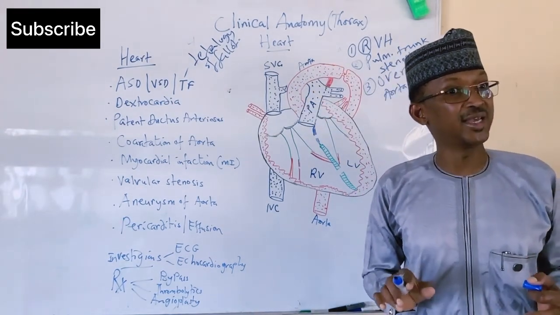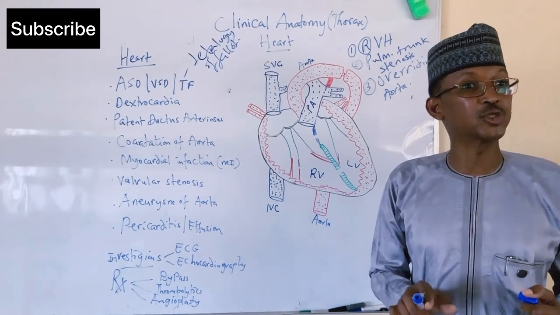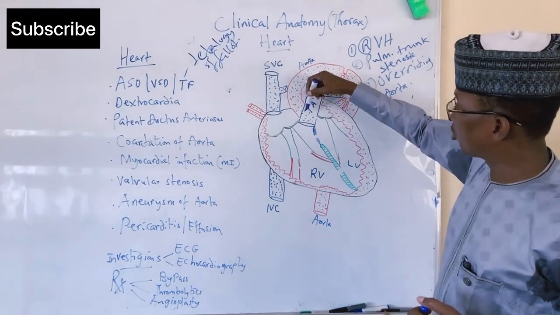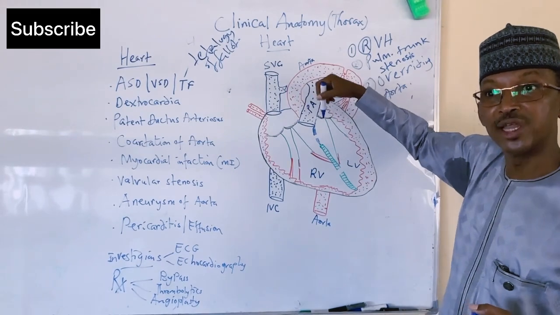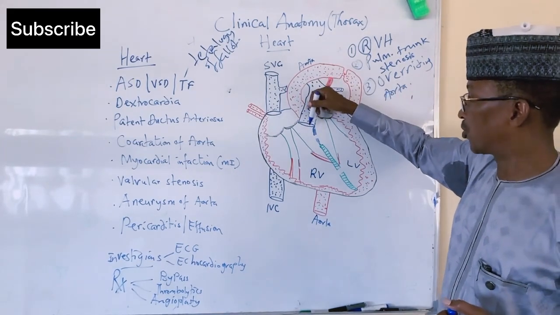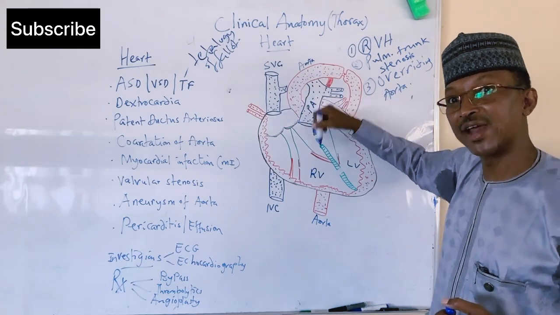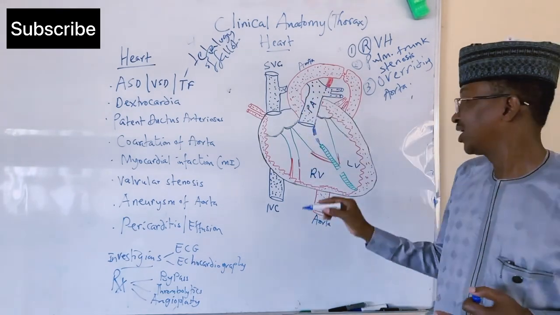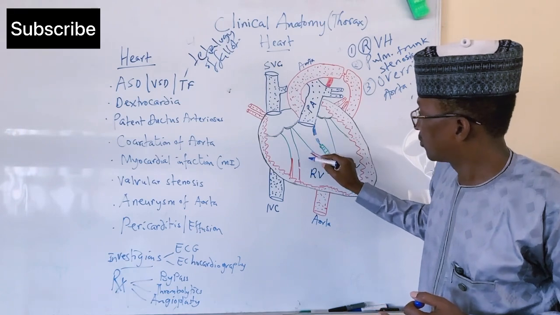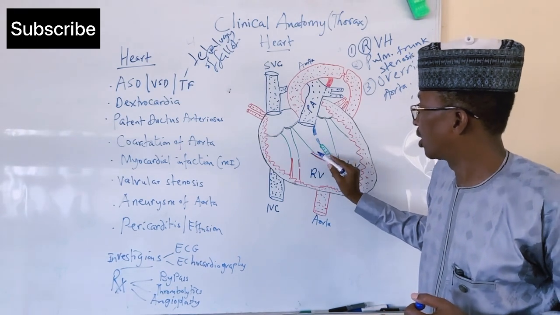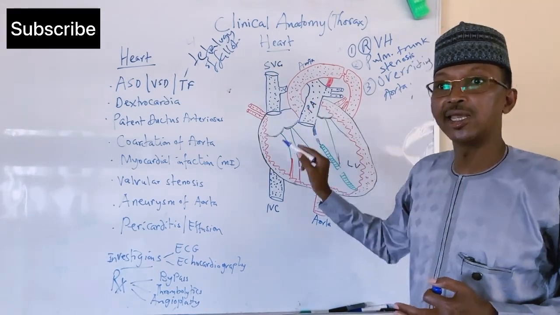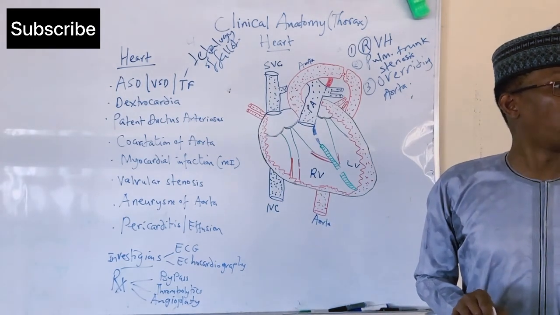So when we say the aorta is overriding, that means instead of opening into the left ventricle, it opens in between the left ventricle and the right ventricle. So deoxygenated blood from the right ventricle can also gain access into the overriding aorta.